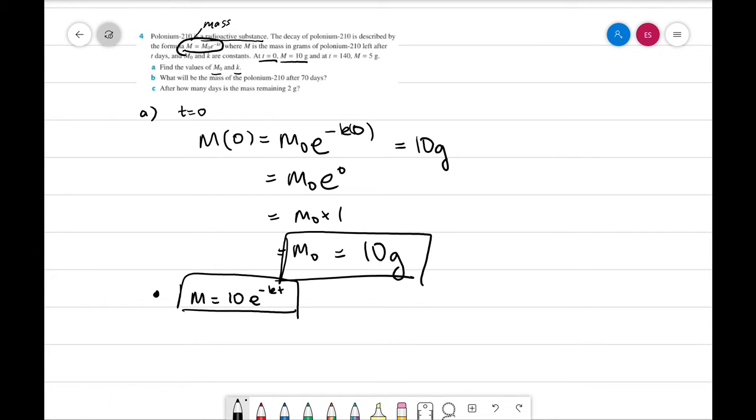So now let's use the second bit of information we have to find k. Because remember, in general, if there's two variables we need to find, we need two sets of information. So we've got our first set of information here and our second set here. So this was to find M0 and this was to find K. So when t is equal to 140, we'll sub in t is 140, and we'll get 10 e to the minus 140 k.